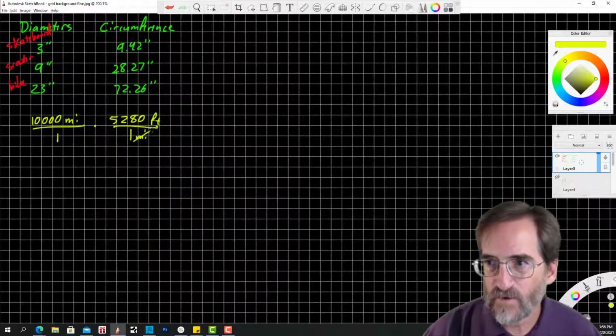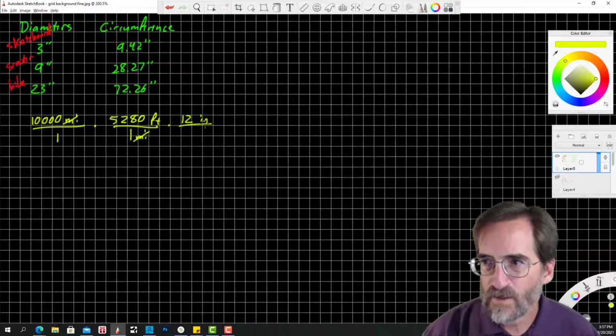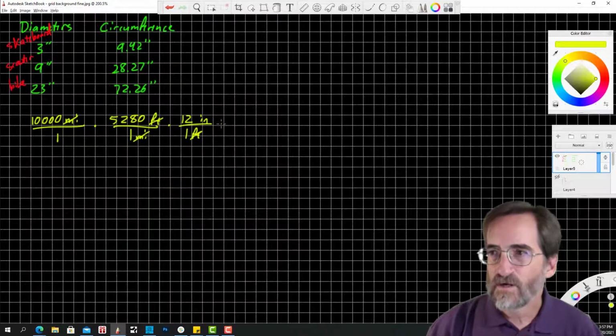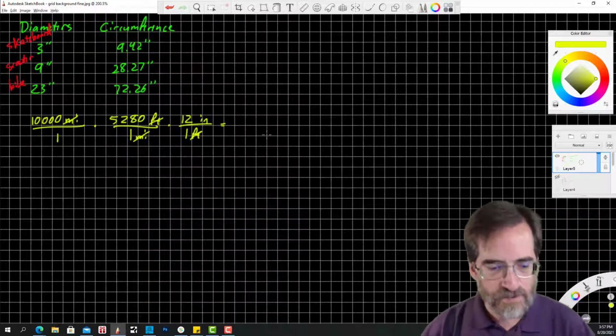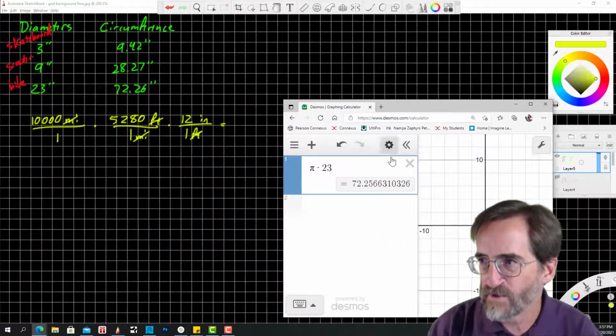So if we do it this way, the miles cancel out. And there are 12 inches in 1 foot. And the feet cancel and leave just inches. So there are 10,000 times 5280 times 12 inches in 10,000 miles.